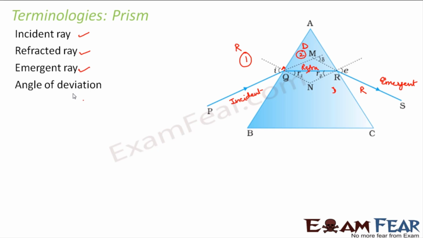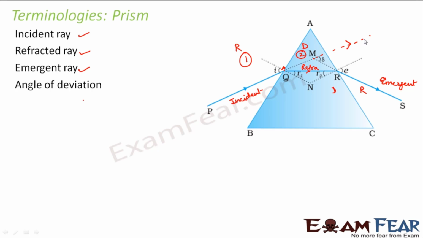Similarly, we have something called angle of deviation. What is angle of deviation? Angle of deviation is that angle by which the incident ray gets deviated because of the prism. Let us suppose there had been no prism. In that case, the incident ray would have gone straight like this. Now, since the prism is there, the ray coming out of the prism is this one.